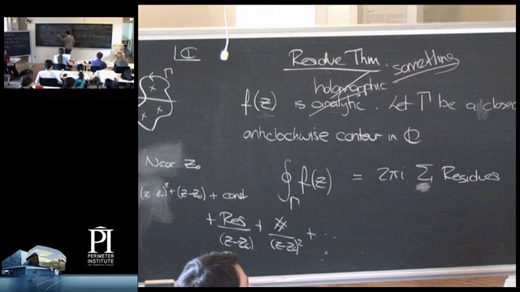There's a constant piece, and a piece which vanishes linearly as z gets close to this point z0. And then there are terms which can blow up, because they look like 1 over z minus z0, or 1 over z minus z0 squared, and so on. The coefficient that sits on top of the term that's 1 over z minus z0, that's called the residue.